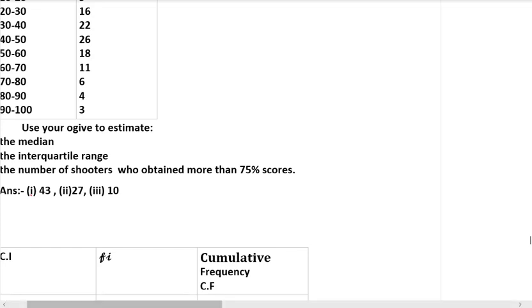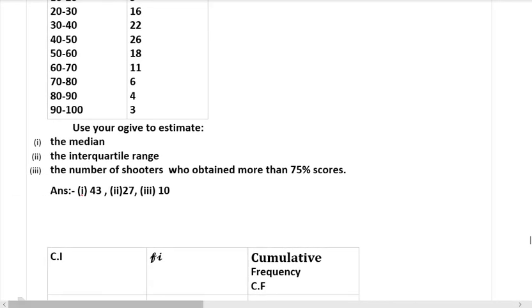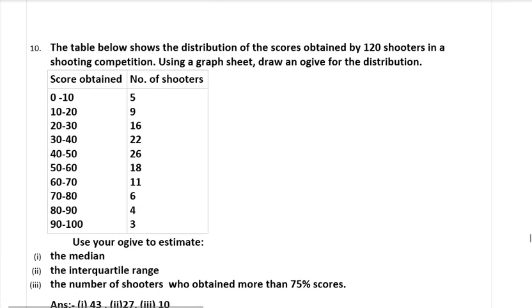This table shows the distribution of scores obtained by 120 shooters. N is 120, an even number, so n by 2 will be the median, that is the 60th term. Using a graph sheet, draw an ogive, not a big deal.